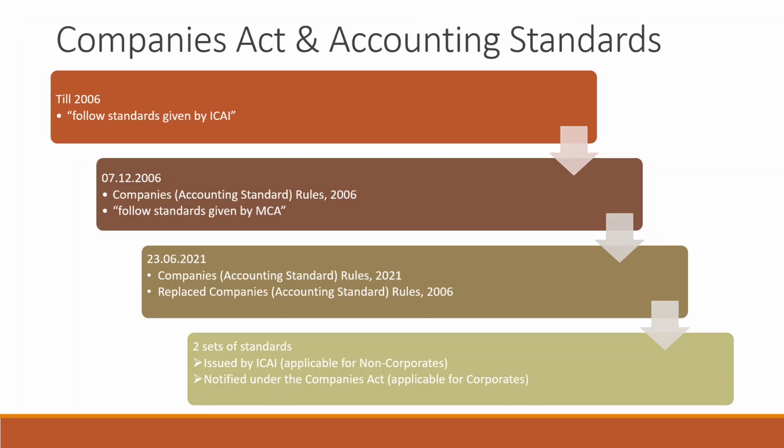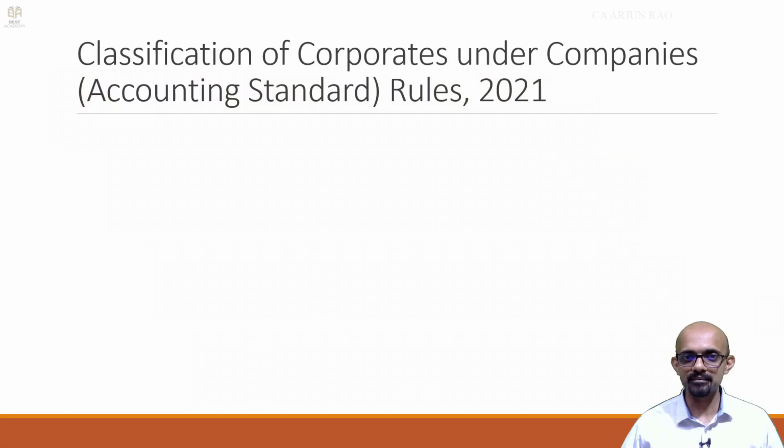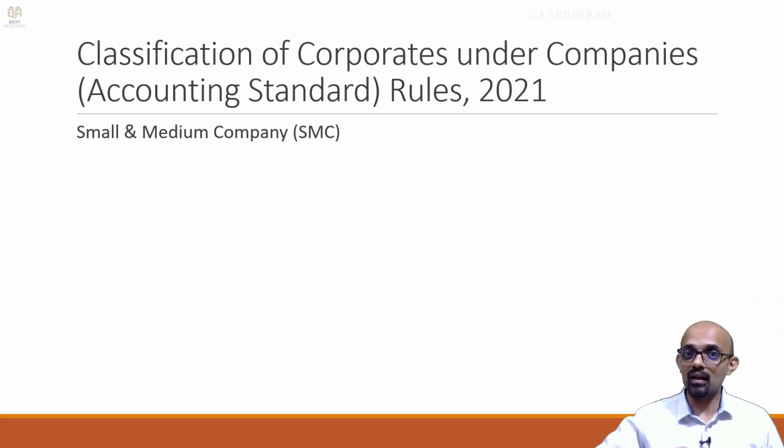So let us now study the criteria to be classified as SMC and non-SMC. It's very simple. The small and medium company criteria is the reverse of the level 1 entity criteria. So what is level 1?